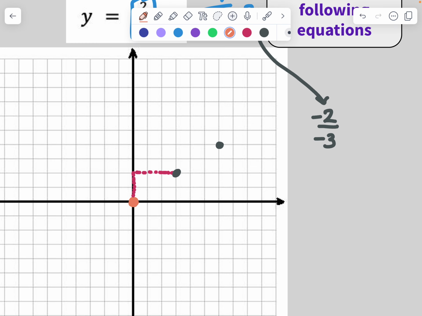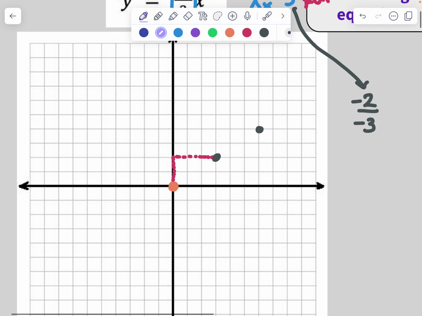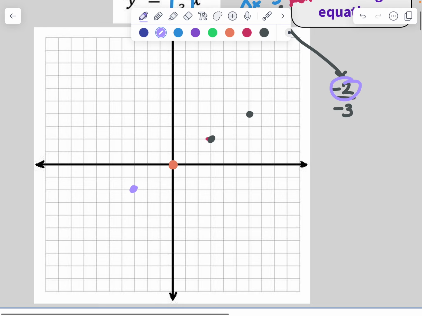So I'm going to do the backwards directions where I can go down 2, that's a negative y movement of 2, and then left 3, that's a negative x movement of 3, and wherever my line, my finger, my pen, whatever, stops, that's where you're going to put your next stop. Cleaning up my scratch work there because I don't need it in my final line. Go down 2 and across 3. And I've got a proportional relationship graphed.